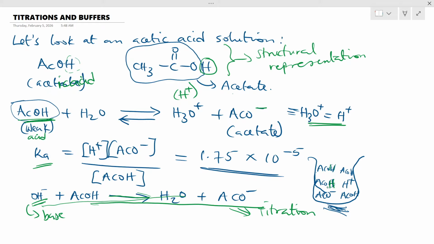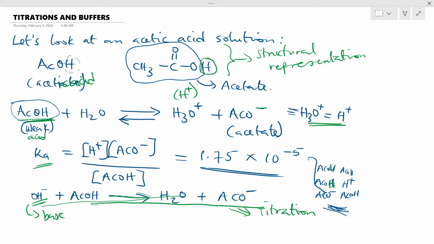Now the OH minus actually rips off the hydrogen ion in the acetic acid, leaving it as what? Acetate, ACO minus. So now you have a significant amount of acetate and acetic acid, by just ripping off the hydrogen ion.